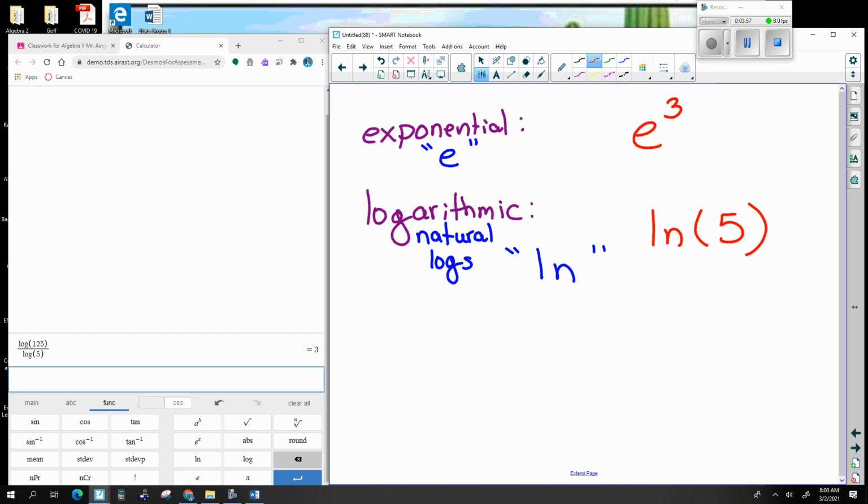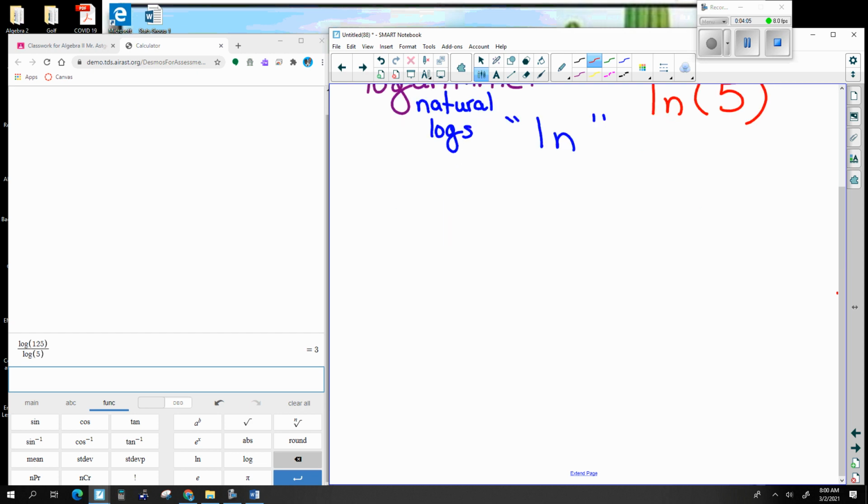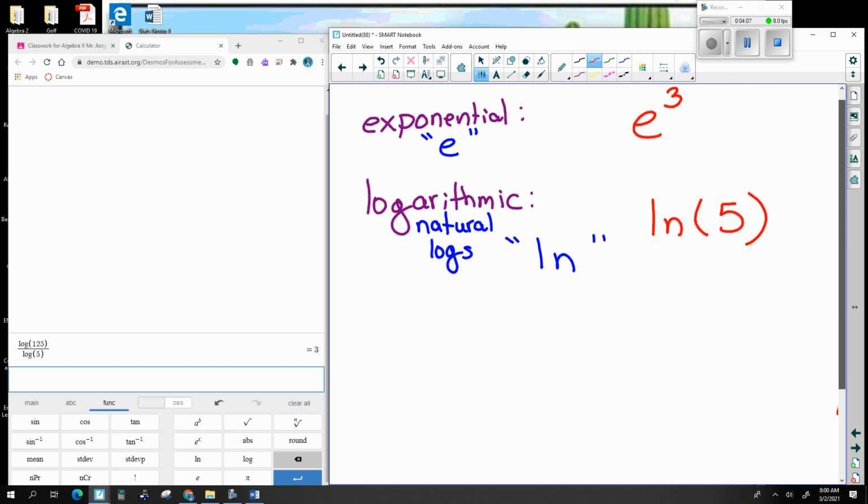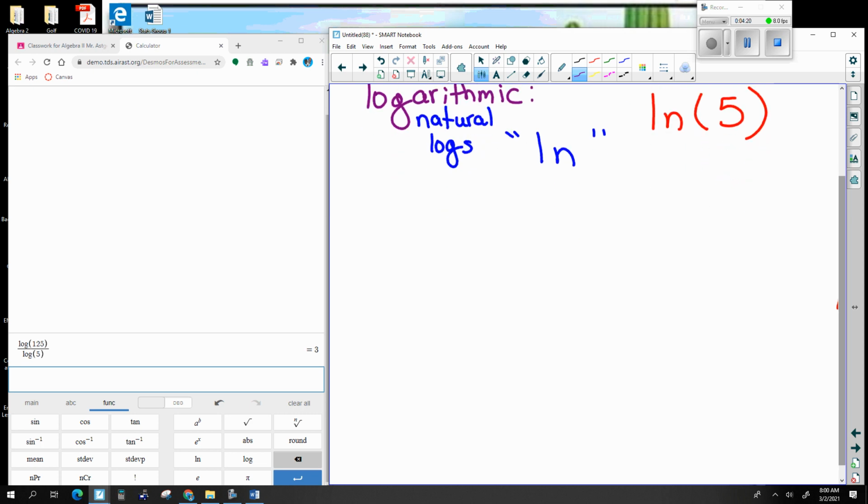Now, what do we need to know today? What you really need to know today is that these things undo each other, kind of like multiplication and division.